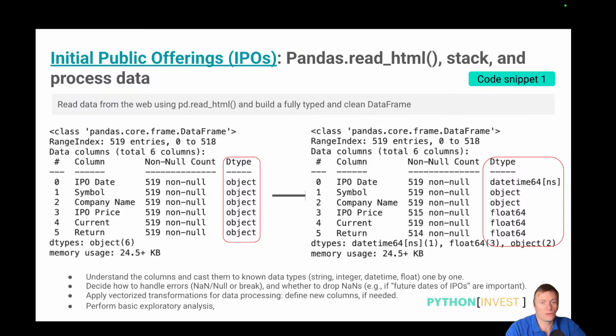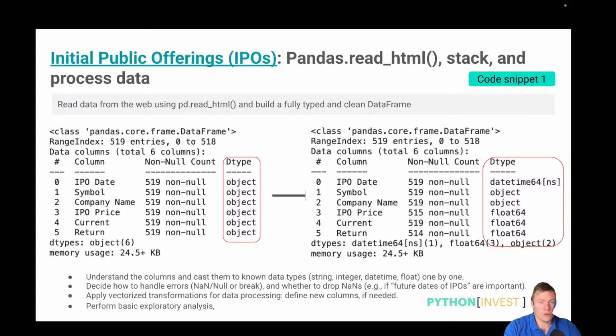Next, we try to apply vectorized transformations for data processing. That means that we don't want to iterate over the data frame row by row when possible. So we want to define new columns or transformations of existing columns for the whole vector.